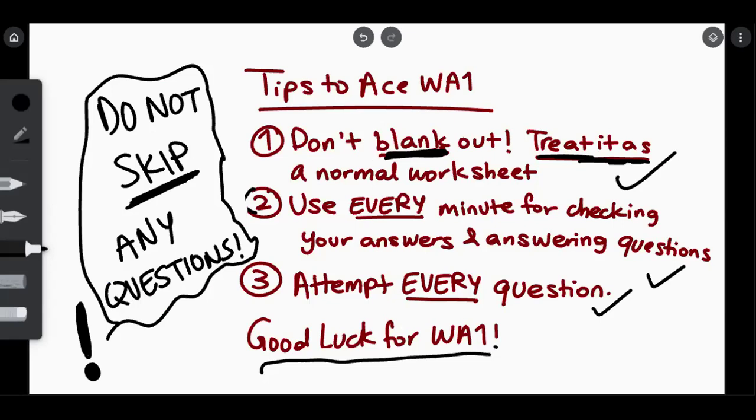Second way is you can also use every minute for checking of your answers and answering your question instead of staring into the blank space. Don't, in Chinese we say 发呆, or we say daydream. Don't daydream. And the last one, please, for heaven's sake, please attempt every single question.